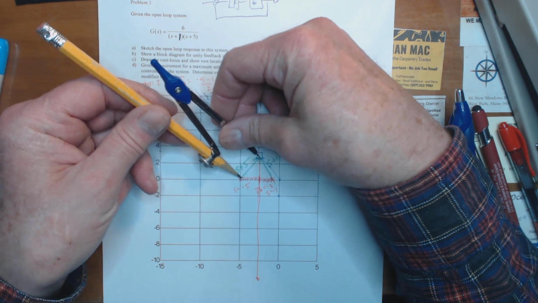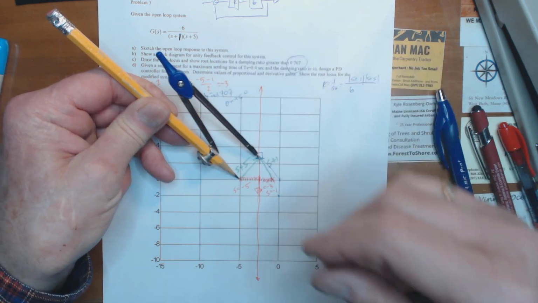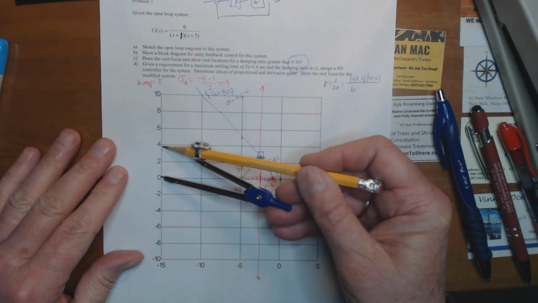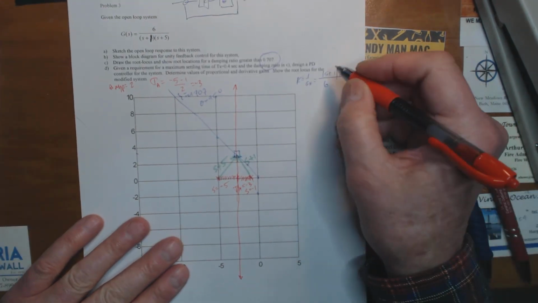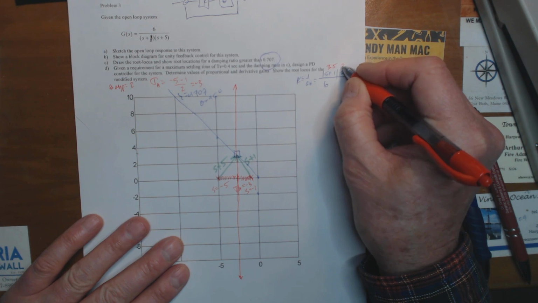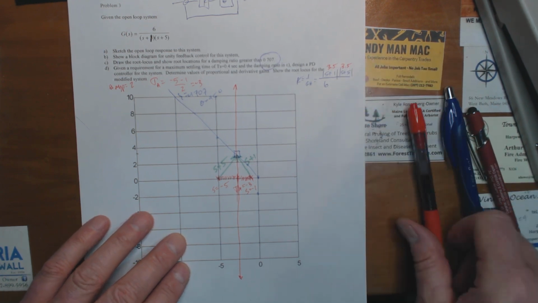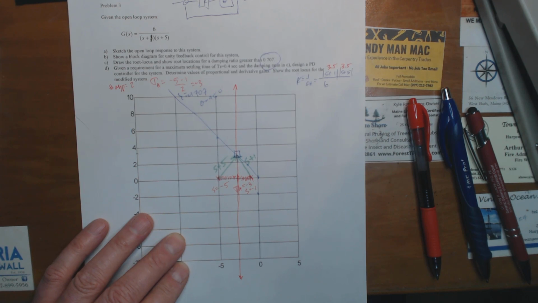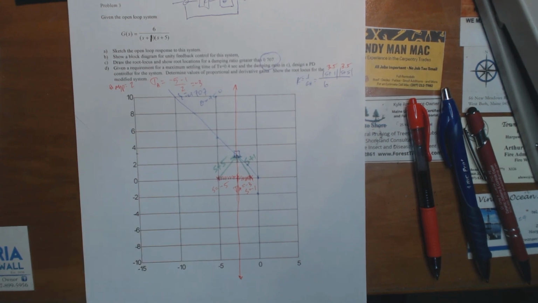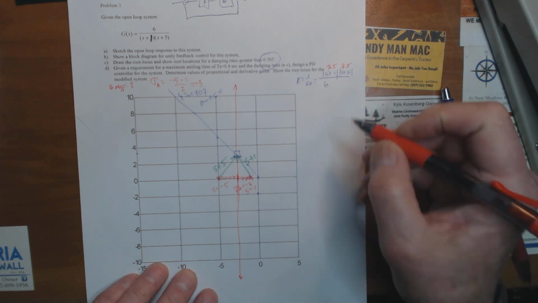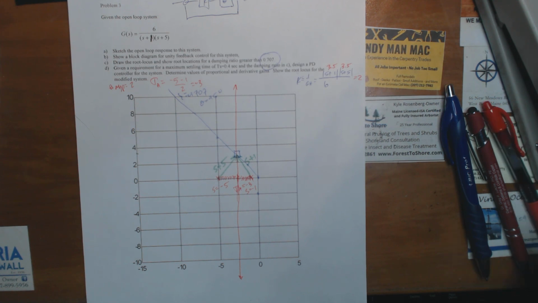This is this long. In this world, that's 3.5 too. When you need it exact, go ask Dr. MATLAB. So 3.5 squared over 6. K is equal to 2.